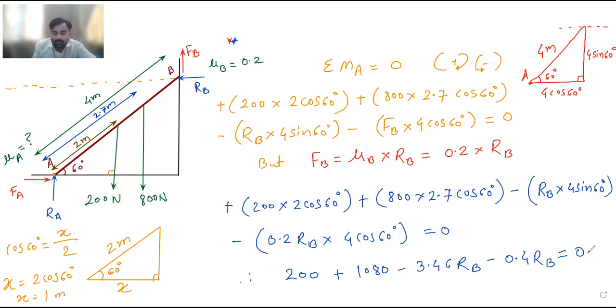So if you send RB to that side, it will become plus. Therefore, 3.86 RB is equal to 1280. So 1280 divided by 3.86. Do the calculation.